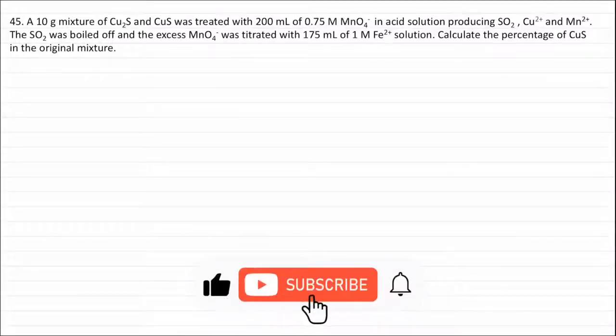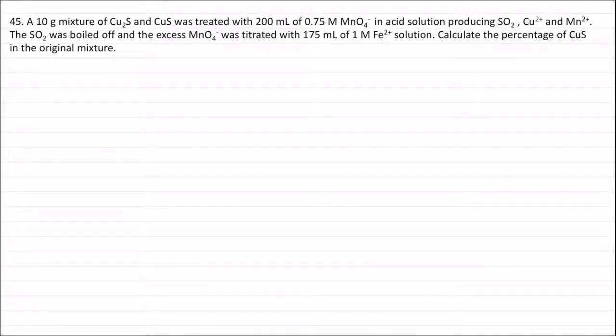Question 45. A 10-gram mixture of Cu2S and CuS was treated with 200 milliliter of 0.75 M MnO4- in acid solution producing sulfur dioxide, Cu2+ and Mn2+. The sulfur dioxide was boiled off and the excess MnO4- was titrated with 175 milliliter of 1 M Fe2+ solution.